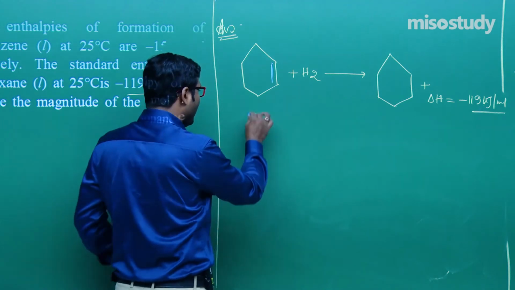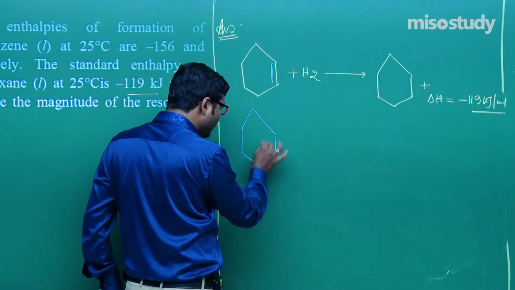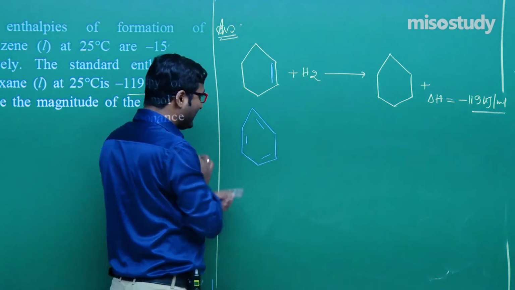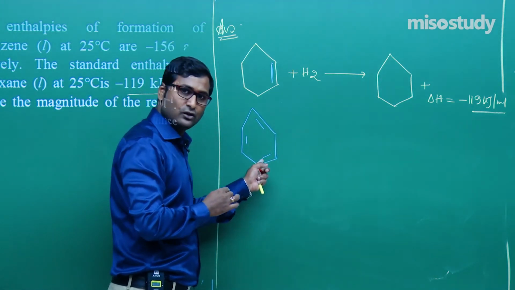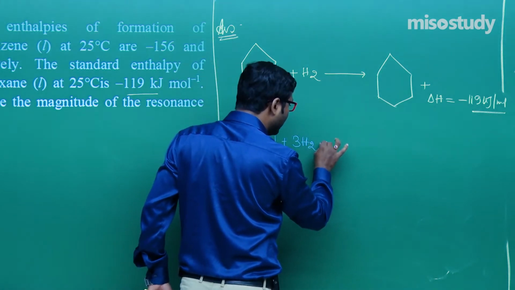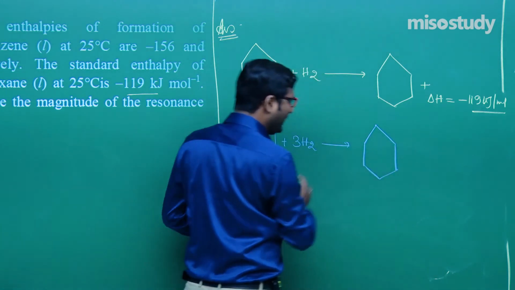Now, if I take benzene here, as we know this is the theoretical value, there are 3 double bonds. So 3 double bonds will be converted to single bonds and will form cyclohexane.